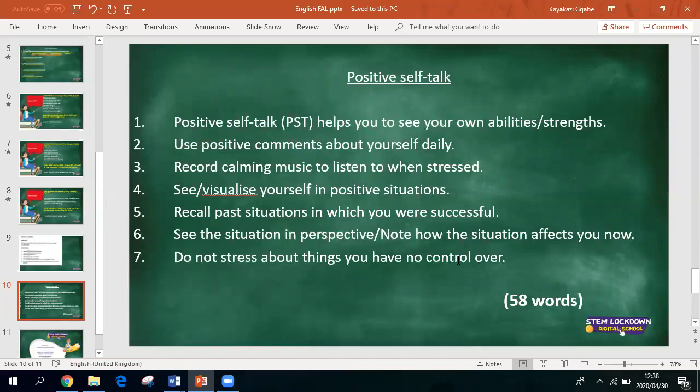Everything else that you have after 70, they are not going to mark it. Even if you had some really important points, they are not going to consider them, okay? So that is what happens when you go overboard. So if you are told to write 50 words, just stick to 50 words, because if you write more than that, the extras won't be part of your summary. They won't be marked, okay?